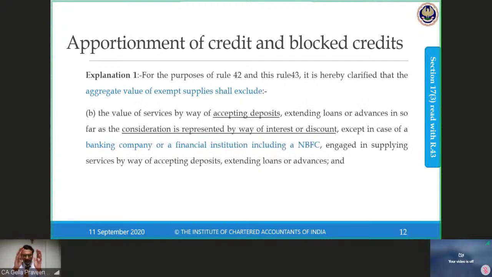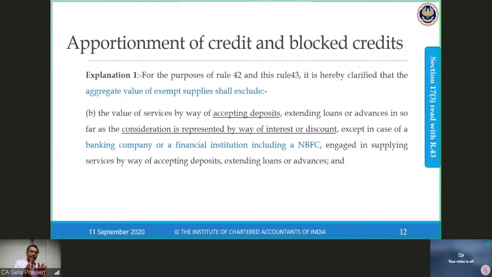Now, from section 17, I have come to rule 42. Please make a note, though material is available, go with the flow. Please make a note so that this flow will help you to solve your problems. In my rule 43, it says, for the purpose of rules 42 and 43, it is hereby clarified that aggregate value of exempt supply shall exclude.